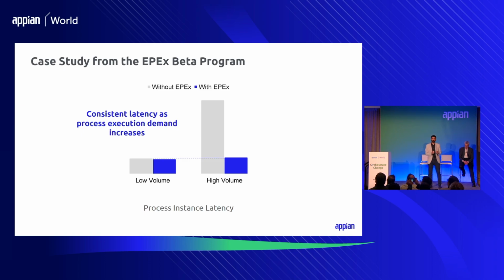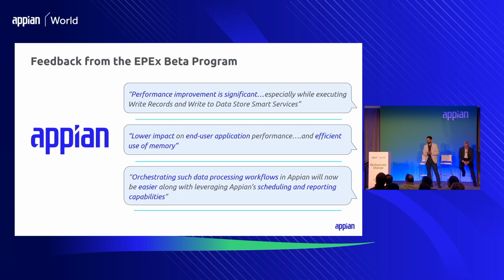This is pretty important, and it highlights the fast process execution times we can maintain as your demand scales in Appian. Now, coming back to the beta program, these results are not just inferred by us, but we also saw direct feedback from the customers about this. This particular customer talked about the performance improvement being significant, especially when running smart services like write to data stores and write to records.